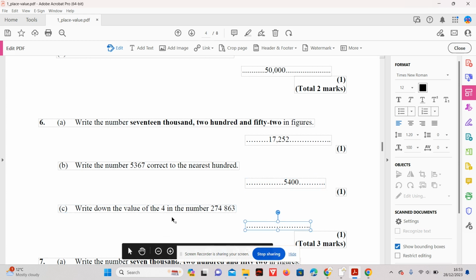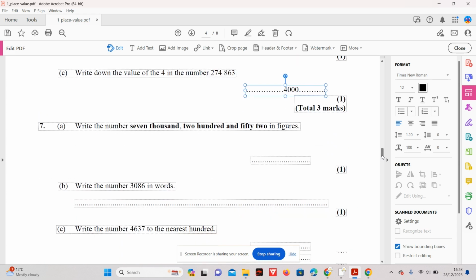Then question 6c, write down the value of the 4 in the number 274,863. So we're going to say the number to ourselves, we've got 274,000. So when you're saying the 4, you could probably hear 4,000. So if you hear me saying the number 4,000, you probably guessed it, got the number 4,000.